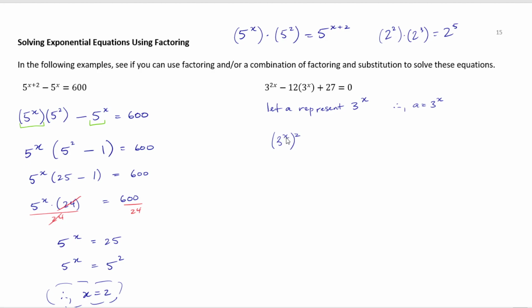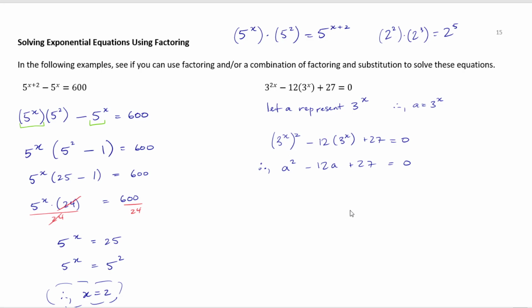So 2x is the same thing as x times 2, minus 12 times 3 to the power of x, plus 27 is equal to 0. If I'm letting A equal 3 to the power of x, therefore A, which is 3^x squared, minus 12A plus 27 is equal to 0.